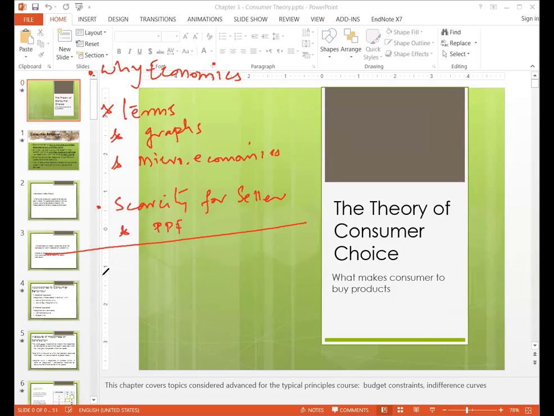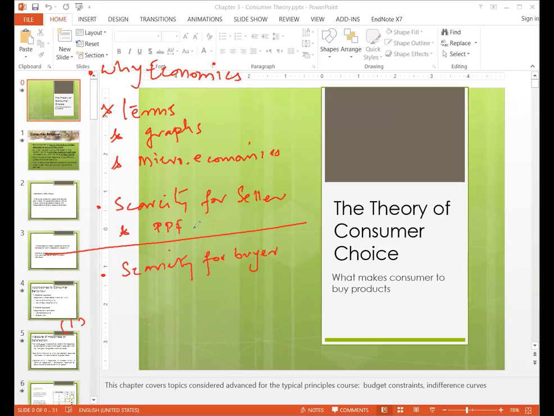Today we are starting with a point that is scarcity for buyer. So how will he handle his scarcity? What is his scarcity? He needs unlimited goods. PPF means production possibility frontier. This was discussed in the previous two, three classes.